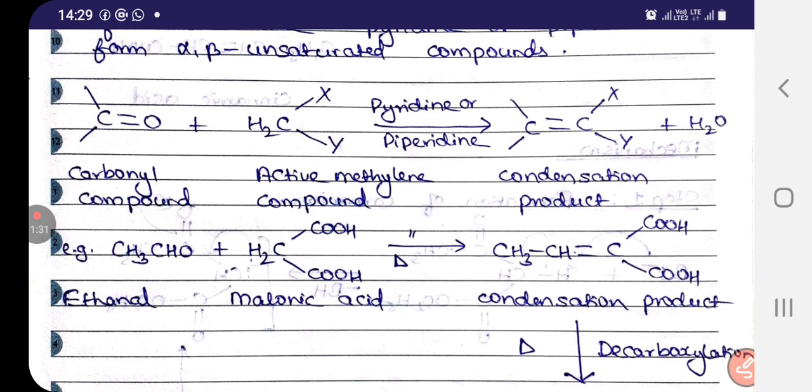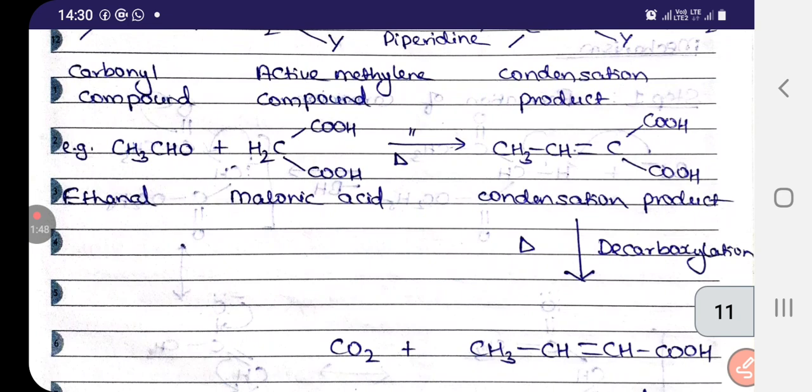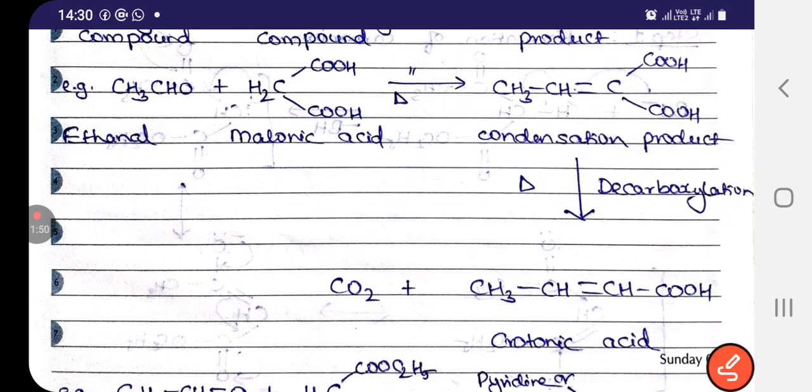on at the bottom of the arrow sign, and the product is CH3CH double bond C, C double O H. This is the condensation product, which undergoes decarboxylation.